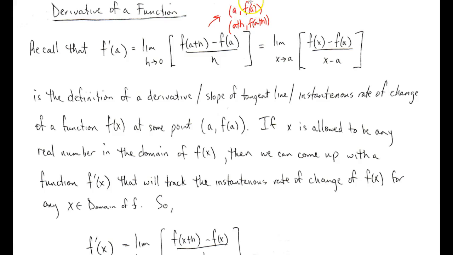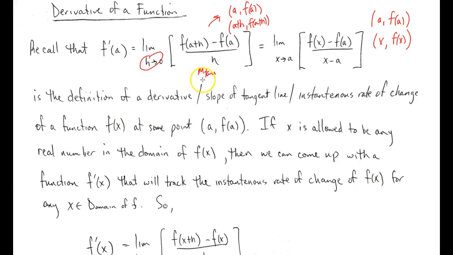The slope of the line that goes through these two points, as a and a plus h get closer and closer to one another, meaning when h approaches 0, ends up being the slope of the tangent line. Here we express that in a different way, where we have the point a, f of a as one of those points, and x, f of x as another one of those points.